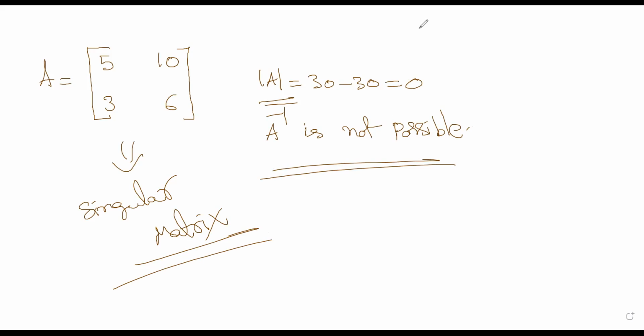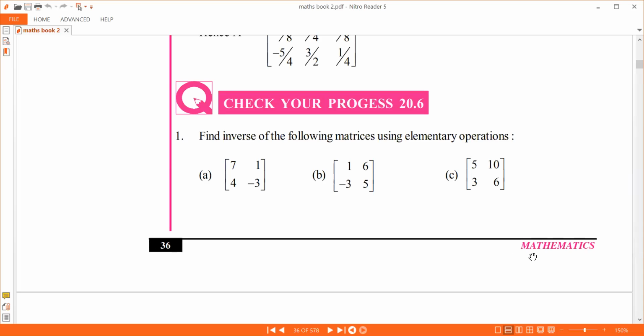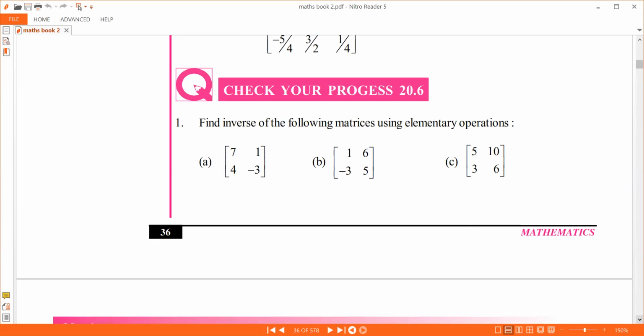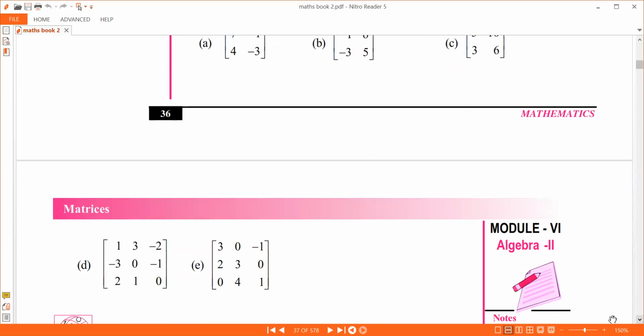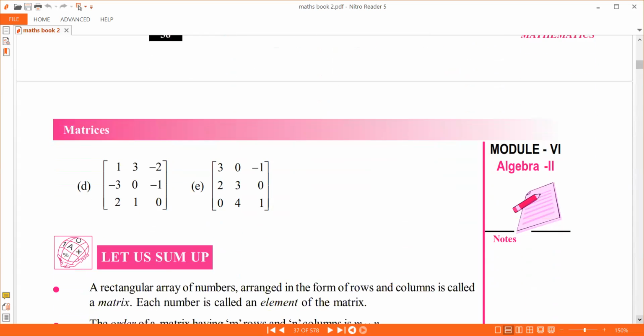Now let's clear this. Now let's move on. Now we have the 3 by 3, the big guns.